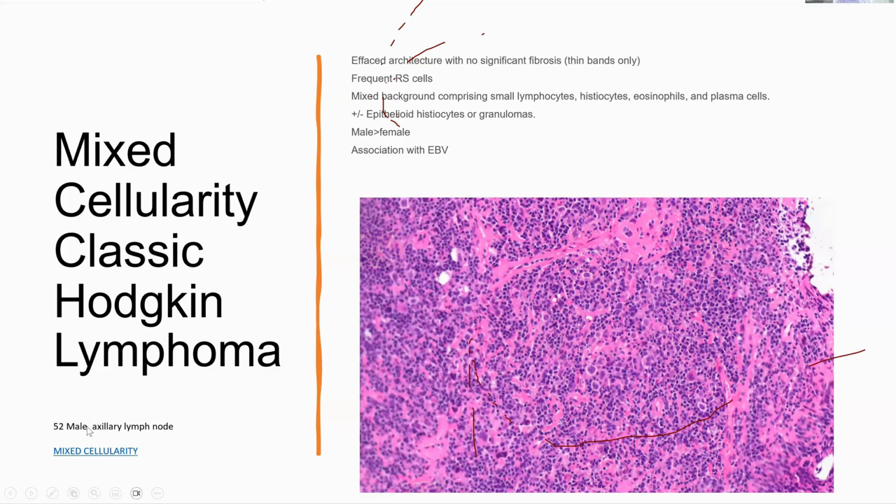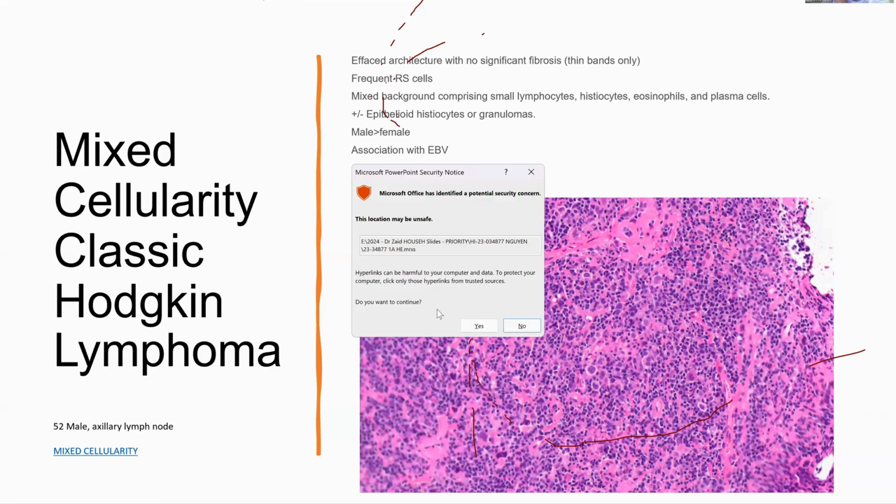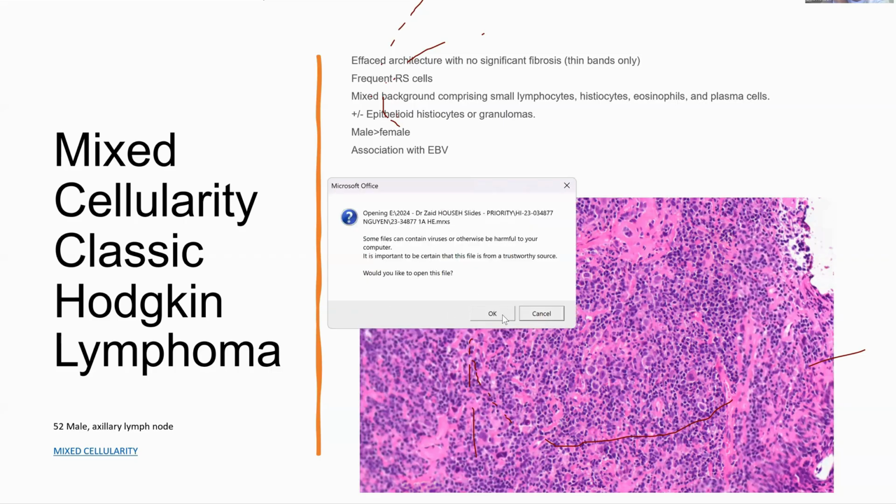I'll show an example of mixed cellularity that has histiocytes, eosinophils, and plasma cells as well as lymphocytes. So you can see here from low power, the overall architecture is effaced. So you can't see the follicles, you can see the capsule, but you can't see the sinuses.